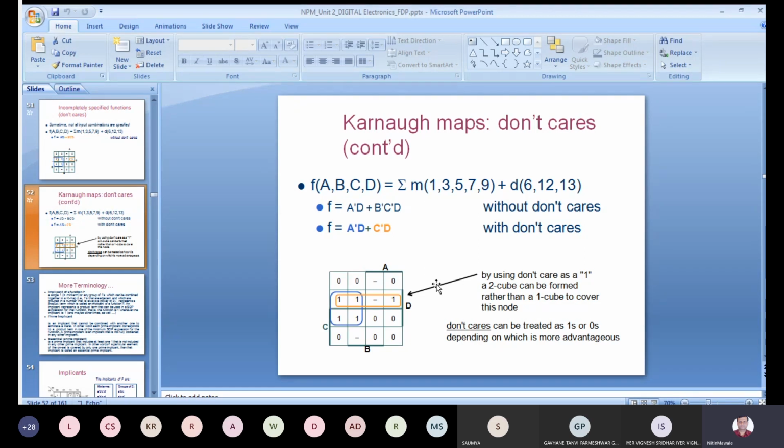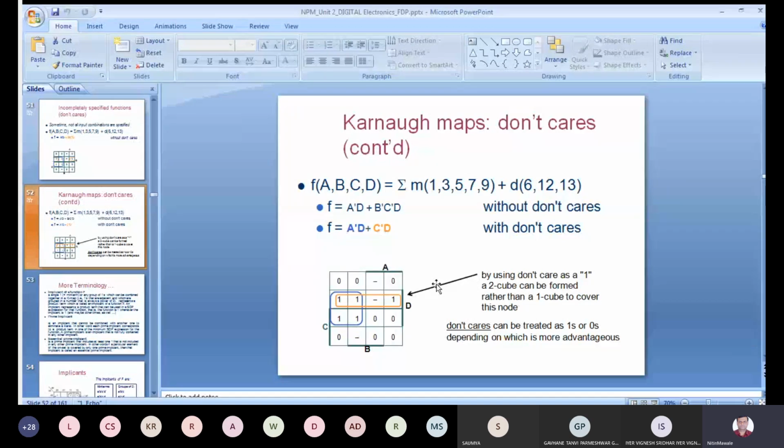So the circuit becomes simple. The circuit has fewer variables, so to implement it I will require less hardware. Less hardware means less cost. So this is the principle of don't care sign. Whenever don't care signs are there, if your equation simplifies, then only you should consider them, otherwise you should not consider the don't care signs.